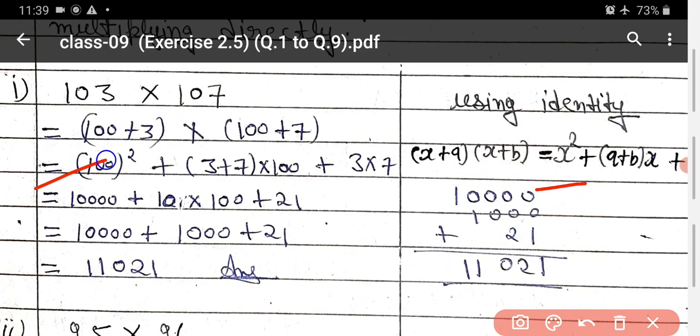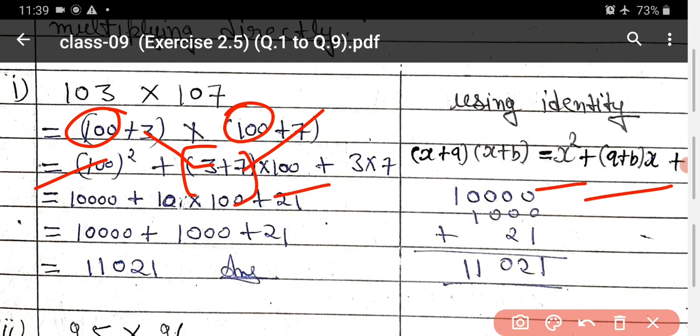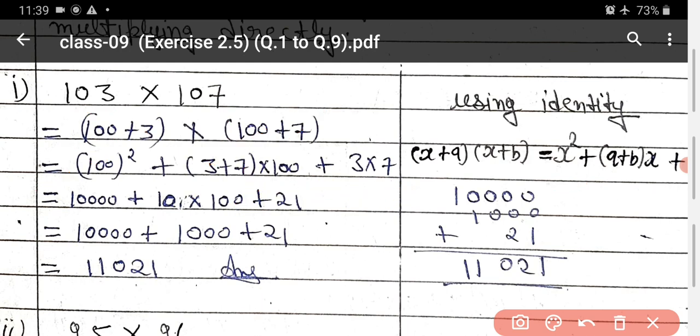The formula is x squared, that is 100 square, because in place of x you have 100 now. Then (a plus b) times x, with a value 3, b value 7, and x is 100, and then a times b means 3 into 7. Now simply solve. 100 square is 10000, then 10 into 100 is 1000, and 3 into 7 is 21.